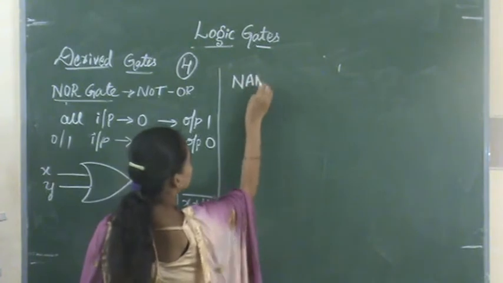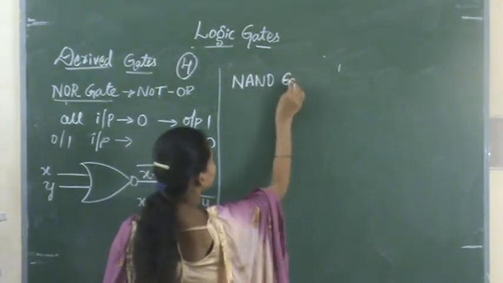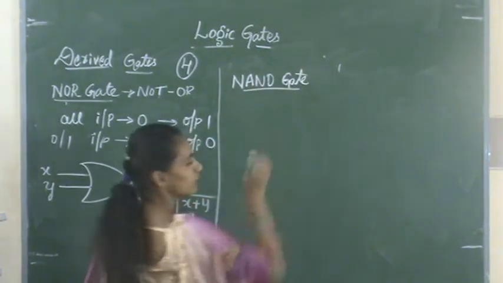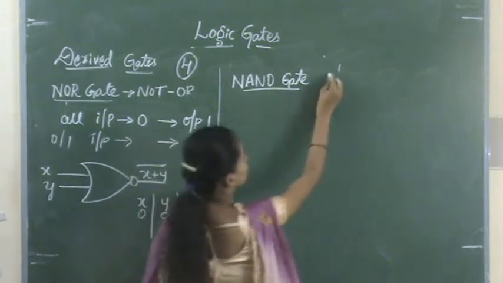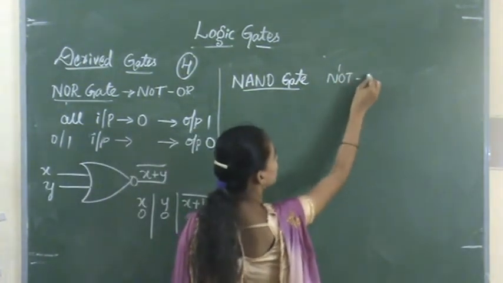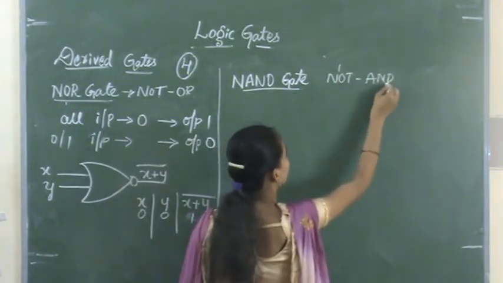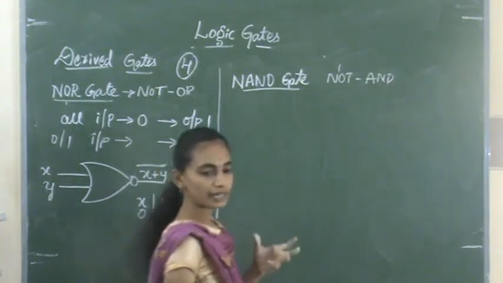Next we have NAND. The next derived gate is NAND. So what does NAND mean? It is NOT AND. We know the AND gate, right?